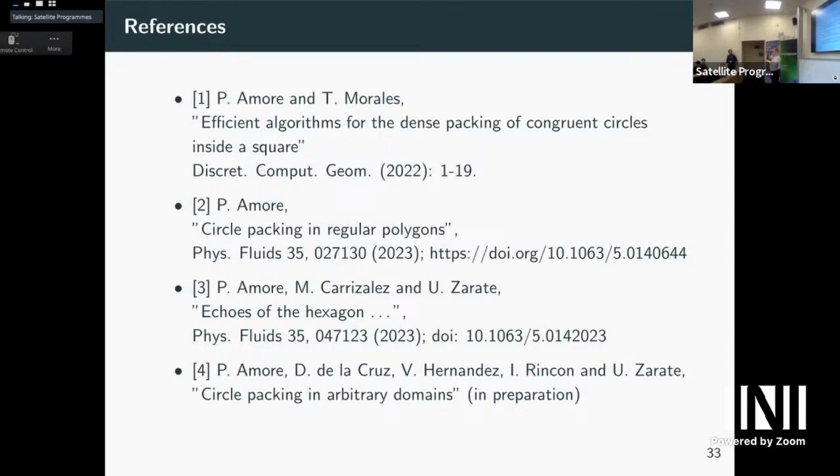For the dodecagon, the conjecture by me, Ulises, and Mauricio is that 127 is the best curved hexagonal packing you can get, but after that you lose it. The dodecagon is better than the octadecagon in this respect.